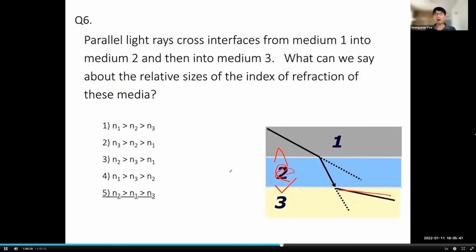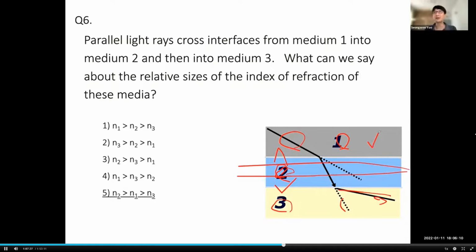Then how are we going to compare those two media's refractive index? The trick is you will ignore the second medium. Okay, and then directly compare the light bending between the medium 1 and the medium 3. Then in the medium 3, light bends toward the medium 1.